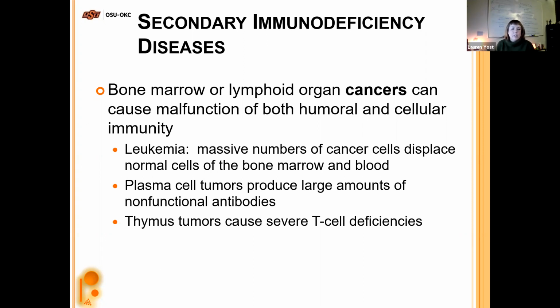We have massive numbers of cancer cells that will also displace normal cells in the bone marrow and the blood. You have to overgrow with those leukemia cells, those white blood cells, and the other ones aren't going to be able to function properly. Plasma cell tumors form large amounts of non-functional antibodies that your body doesn't need, wasting energy, wasting resources, and then thymus tumors cause severe T cell deficiencies.